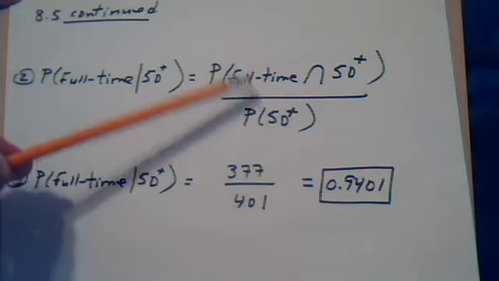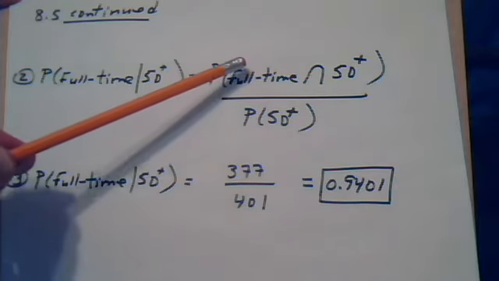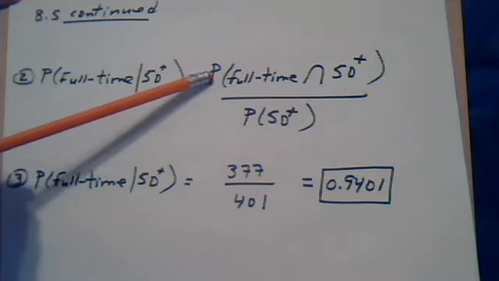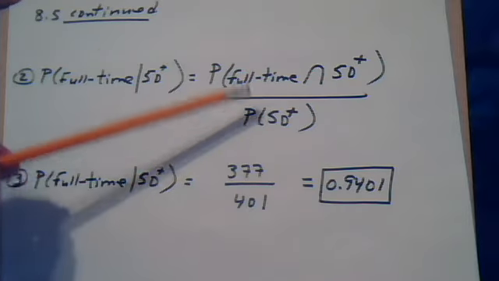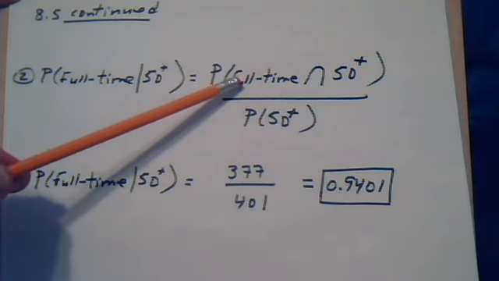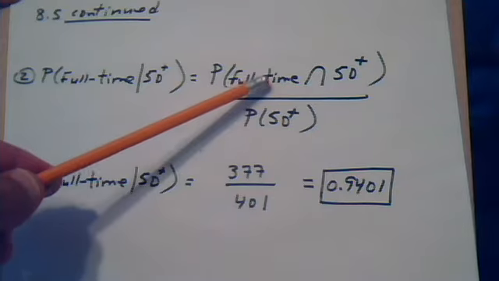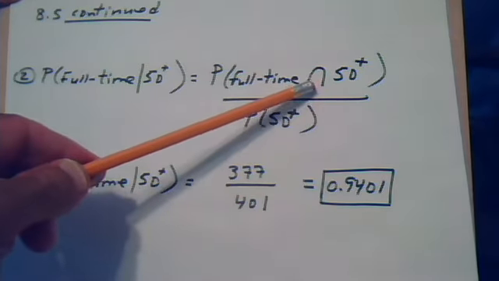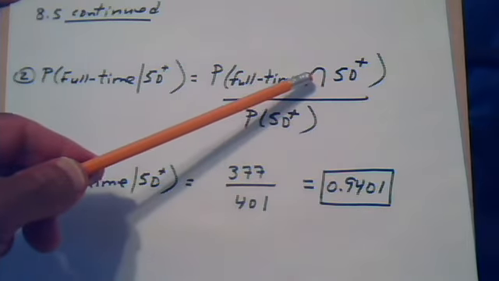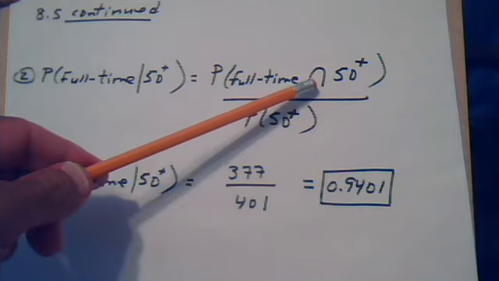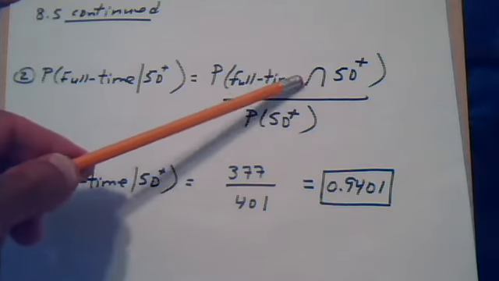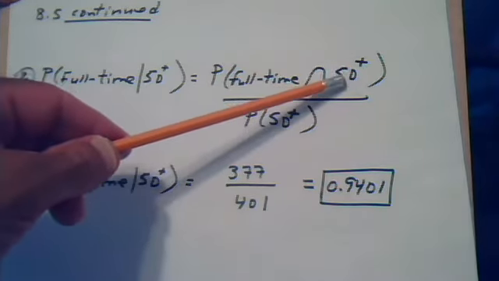So you write this formula down. And now we're going to look for a number that replaces this and a number that replaces this. So where are we going to find the number for the probability of full-time, and this is an intersection? It could be translated into "and" in English. So full-time and working 50 or more hours.